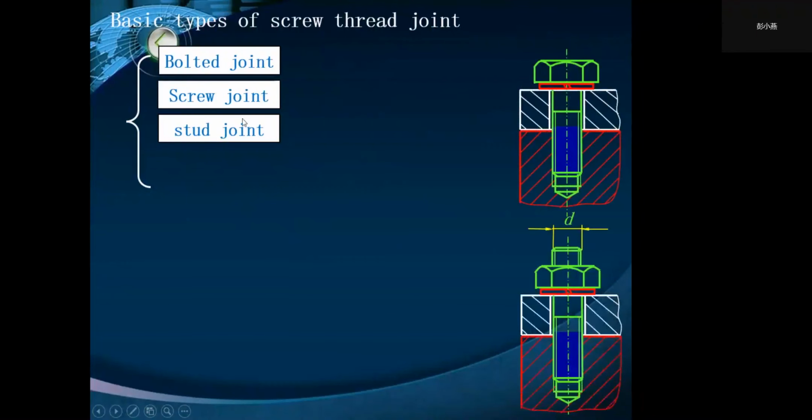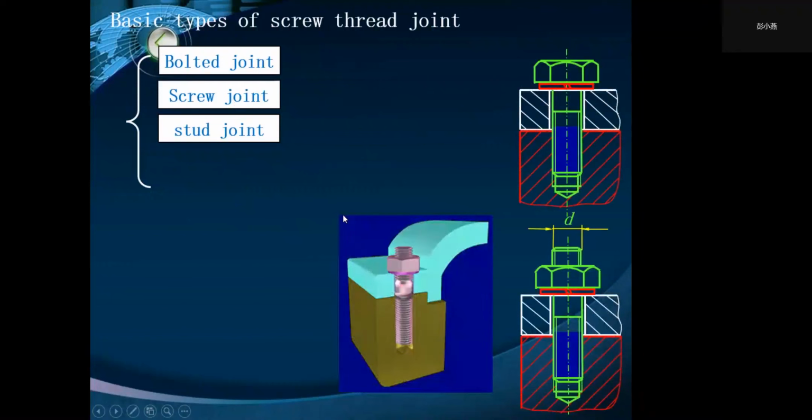Both screw joint and stud joint are applied when one of the jointed members is too thick to drill a hole. The screw joint cannot be disassembled frequently, and the stud joint can be disassembled frequently.